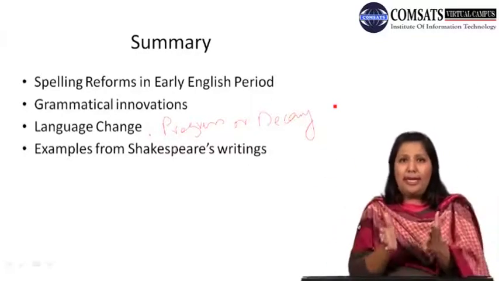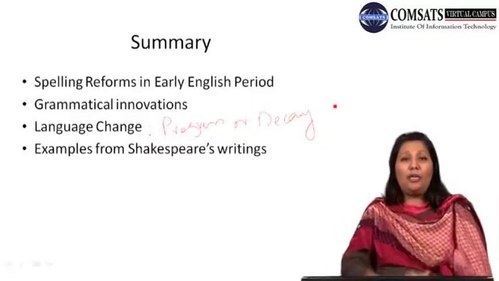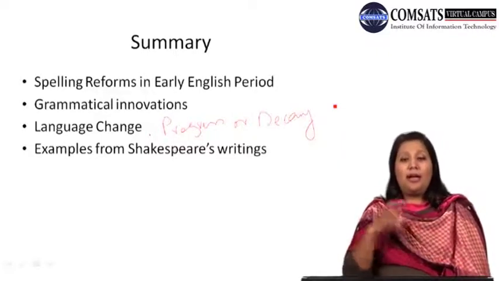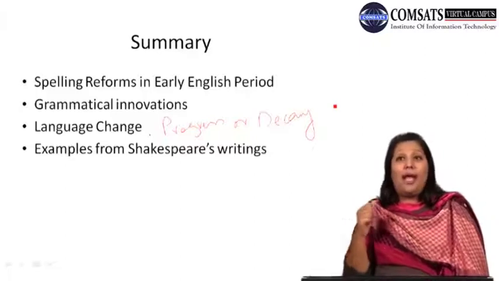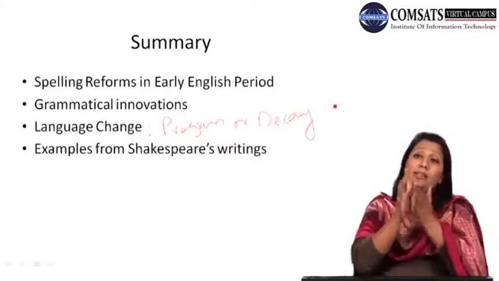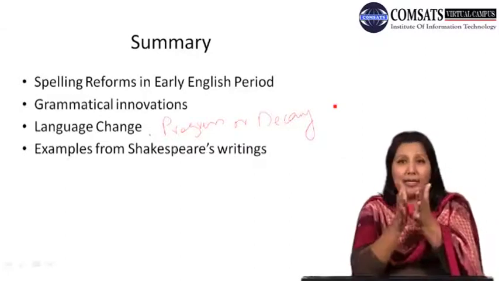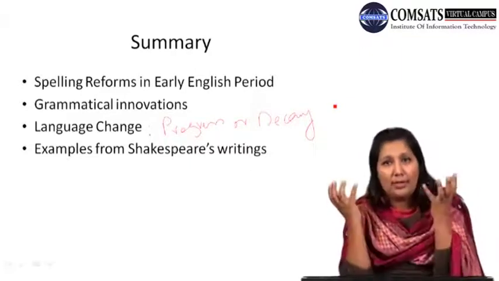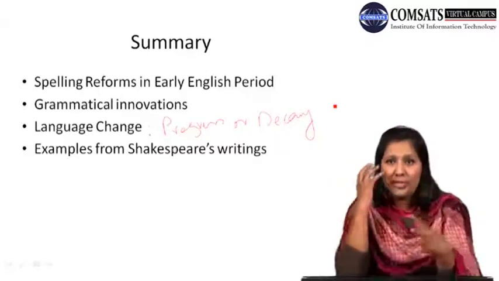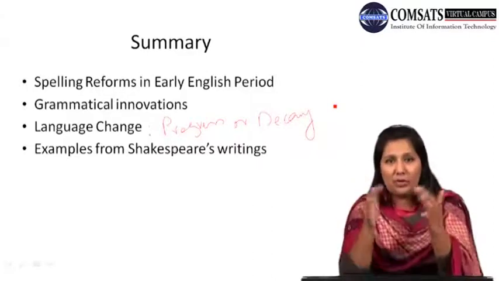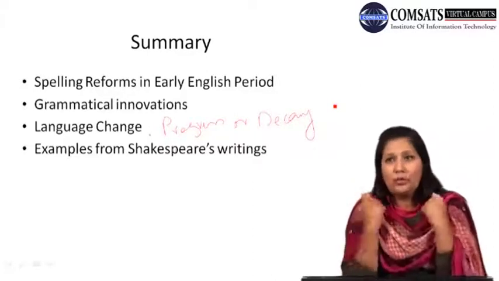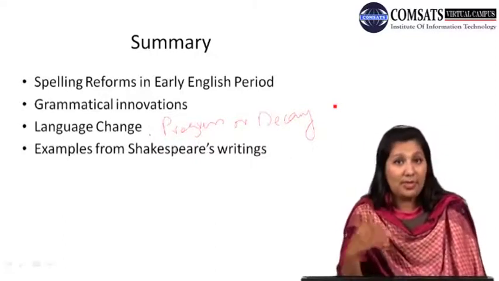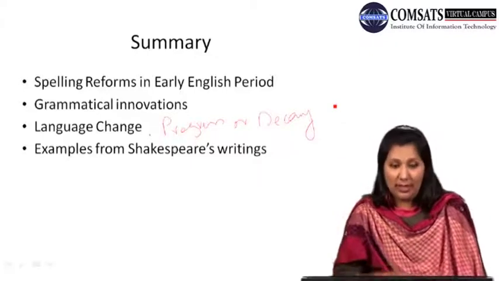But towards the end we ended up on a neutral note, that language is a kind of progress as well as a struggling state. These two states are continuously struggling within the structure of language, sometimes to show some kind of progress, and sometimes some kind of decay as well.